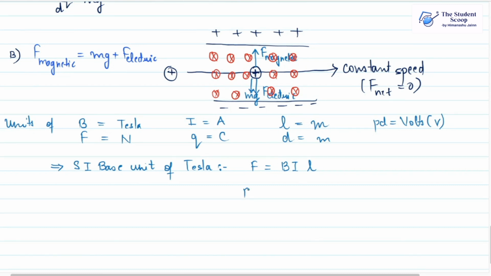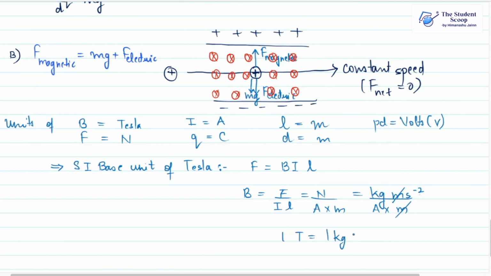Now we want to make B the subject, so that becomes F upon IL. Now F is Newton, current is ampere, length is meter. Ampere and meter are already fundamental, but Newton we can write as mass times acceleration, which is kg meters per second square, the whole divided by ampere into meter. So this cancels out. So 1 Tesla can be written as 1 kilogram ampere raised to minus 1, s raised to minus 2.